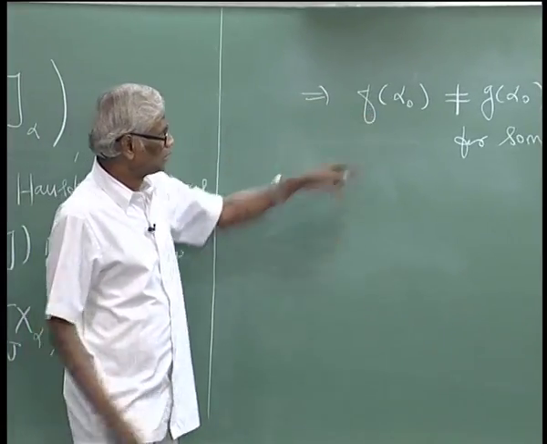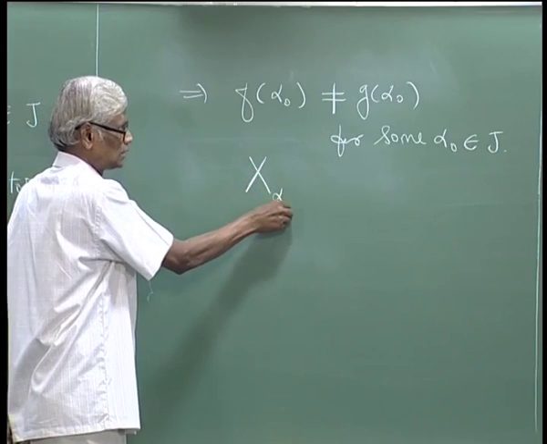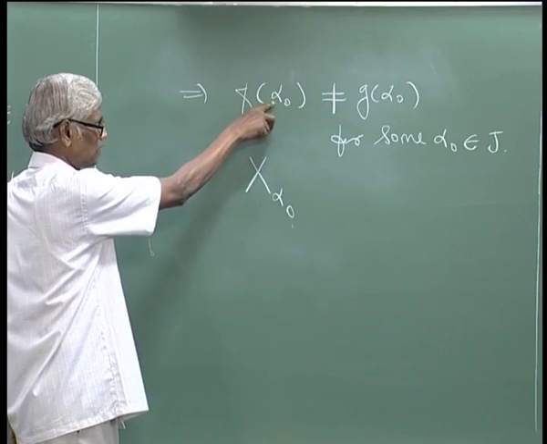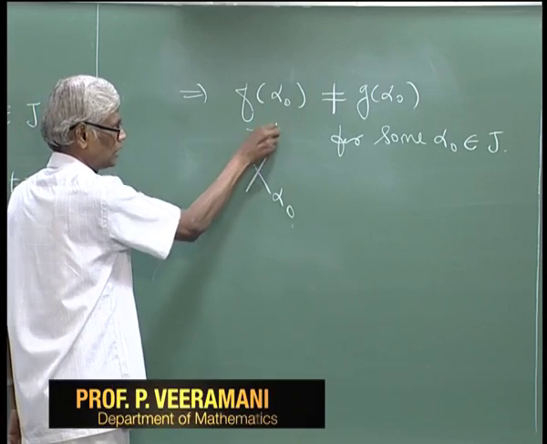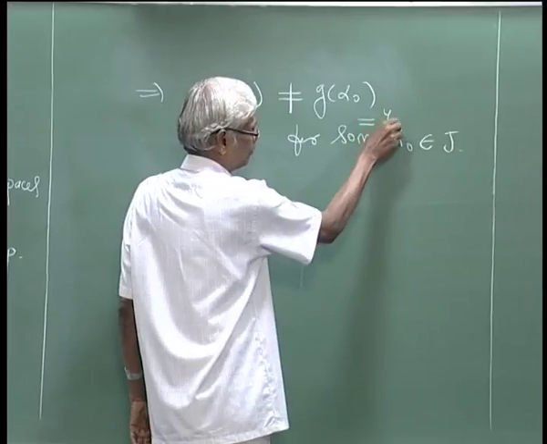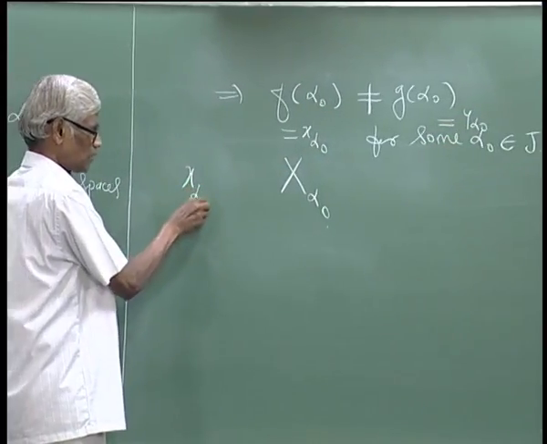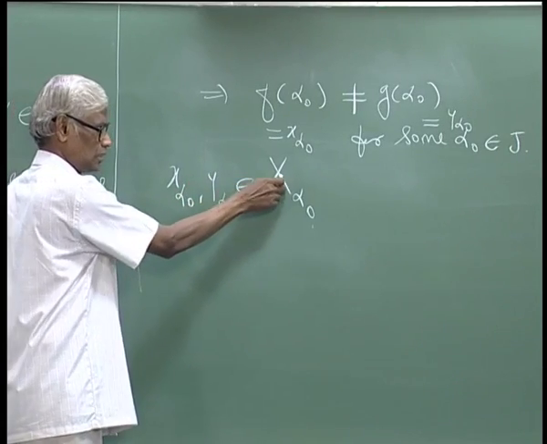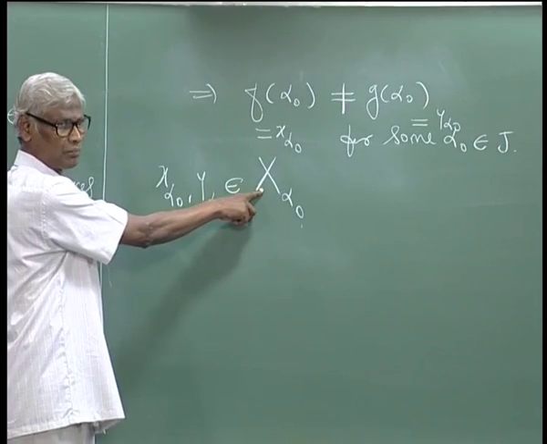Now go to the corresponding coordinate space X_alpha_0. Here f(alpha_0) is x_alpha_0 and g(alpha_0) is y_alpha_0, both belonging to X_alpha_0, and this space is Hausdorff.